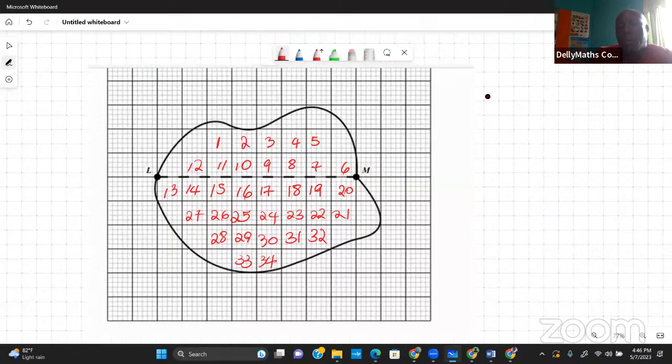Now, there are a lot of them that we could patch as we go. So you could call this 35 along with that little piece. You could call this 36 along with that little piece. You could call this 37 along with this little piece.